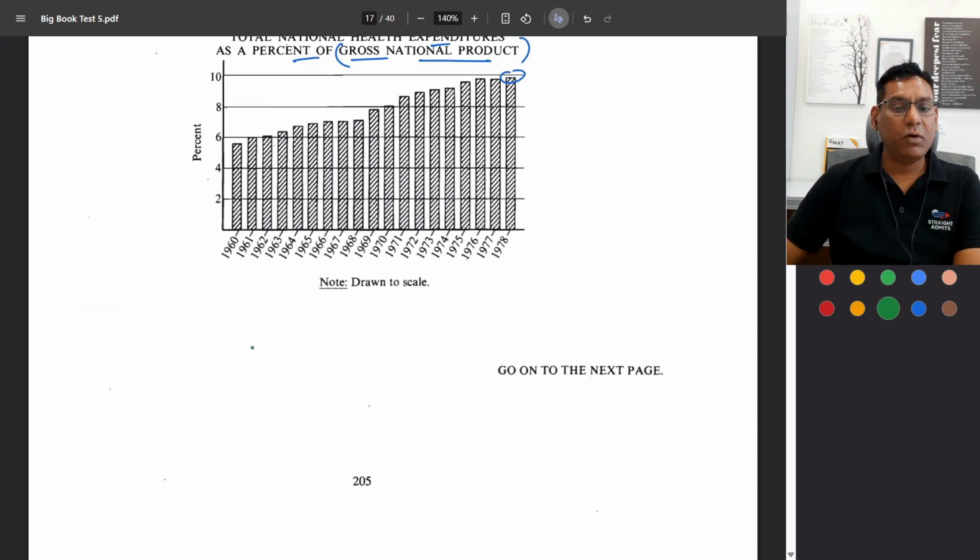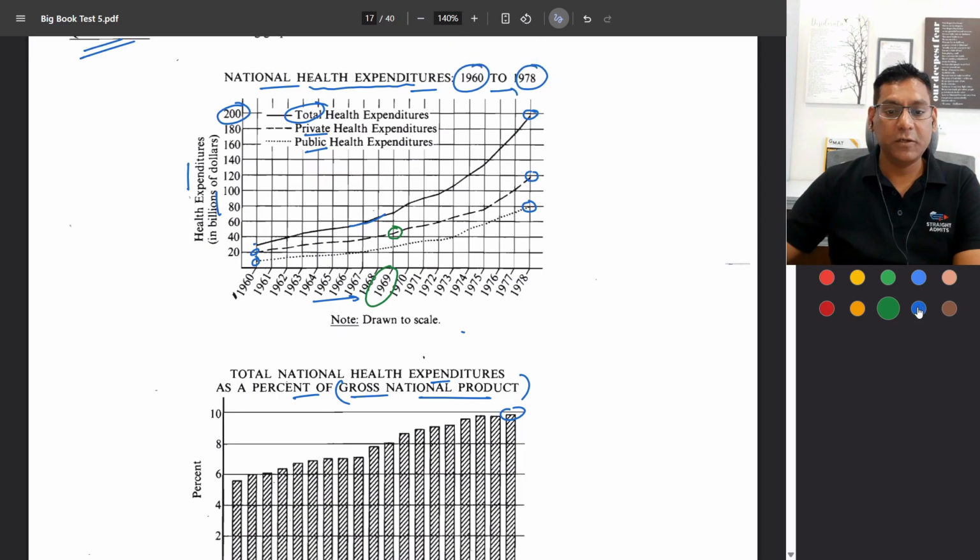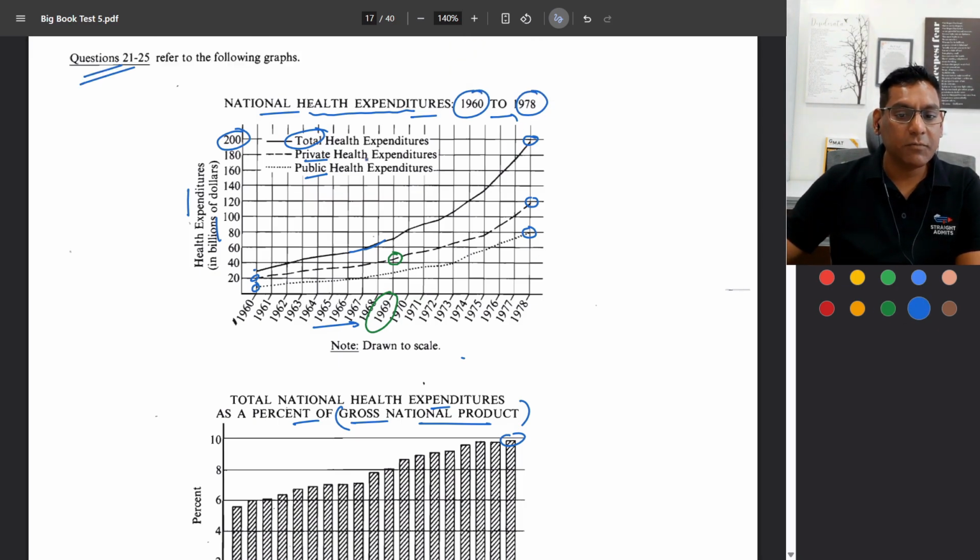So I want public to be greater than 30 for the first year. Public is this. Where does it go more than 30? More than 30 means it has to cross 30, right? If you look at this closely, this is not crossing, this is crossing here. This is kind of in the middle. So it has to be 69 or 70.